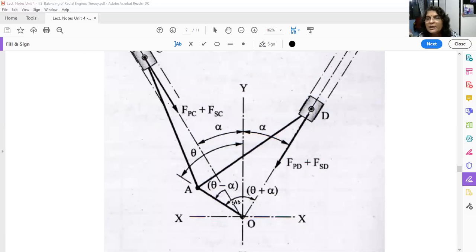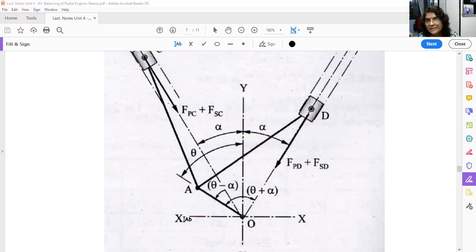So let us assume any position of the crank OA. In the above figure, it was shown vertically matching with the YY axis, but now to analyze the system, let us have the crank position at OA, making angle theta with the YY axis.